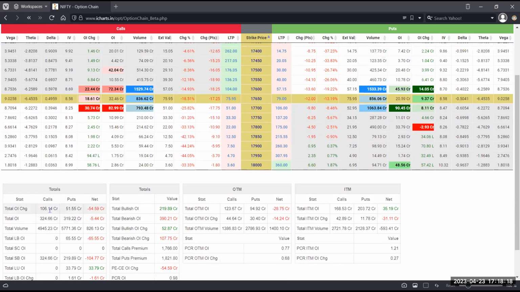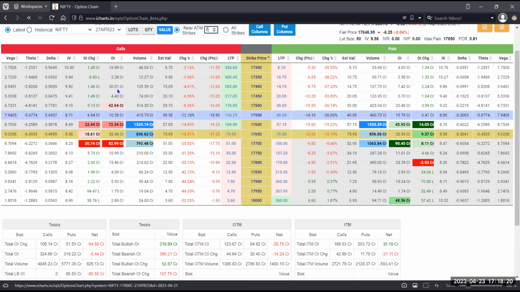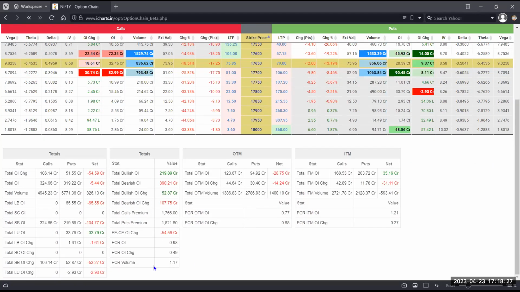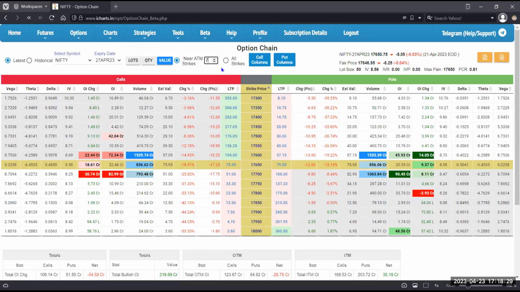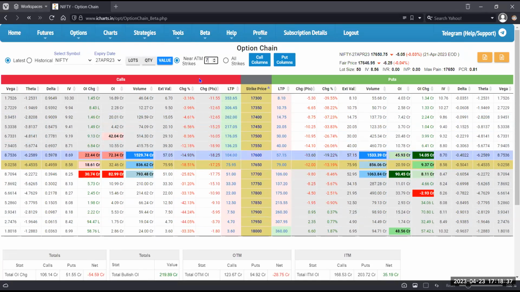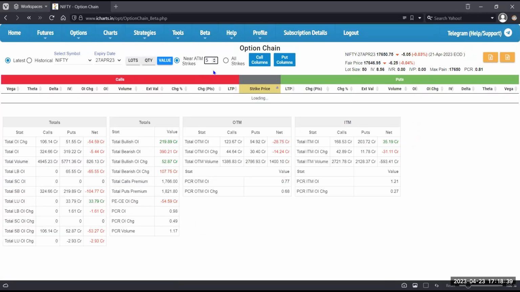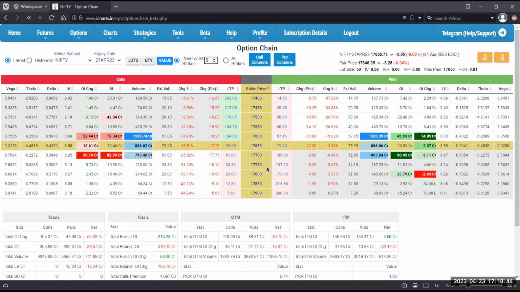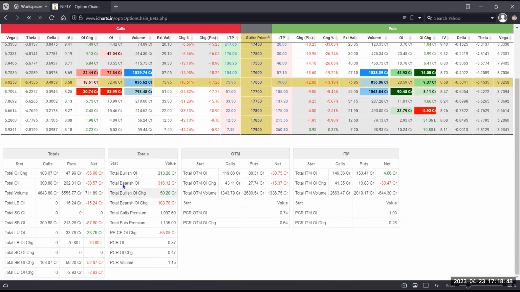So this OI change for calls is this OI change of these calls only. So पूरा का पूरा डेटा अगर आपको देखना है, you'll have to then go for all strikes. All strikes अगर क्लिक करेंगे तो ही फिर सारा का सारा टोटल यहाँ पे आपको दिखेगा. और यहाँ पे 5 strikes अगर हैं तो only 5 strikes का डेटा यहाँ पे दिखेगा. So kindly note that. So hope this is not confusing. So it's only for the selected strikes.